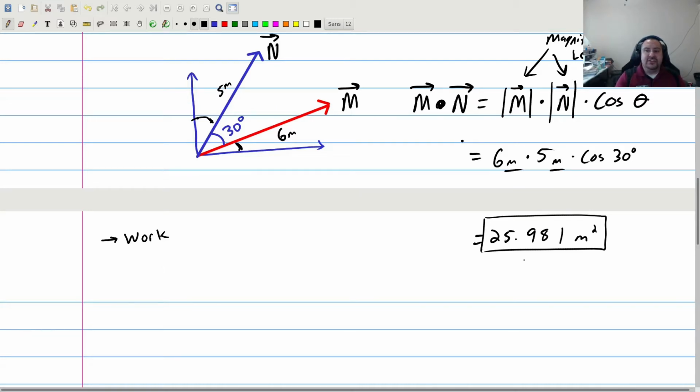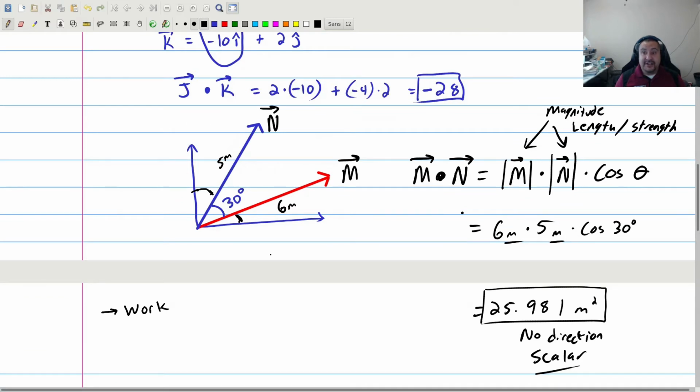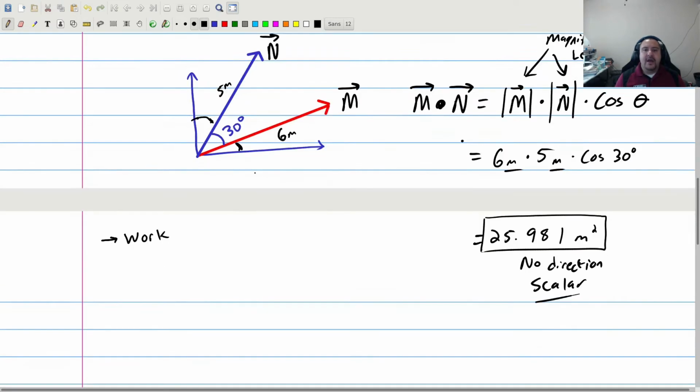You'll notice there's no direction on this because this is a scalar. There's no direction. We don't have to worry about the direction of the final answer. However, sometimes we lose some important information by doing a dot product.